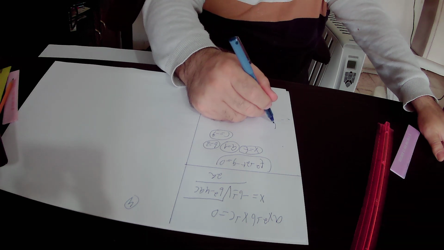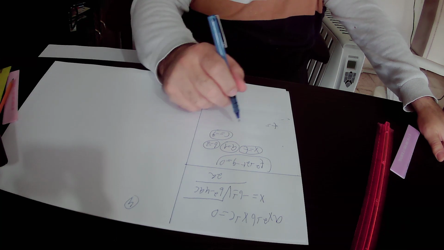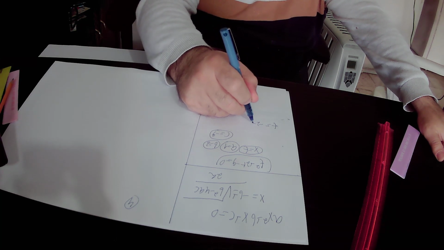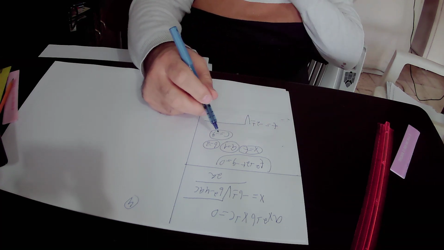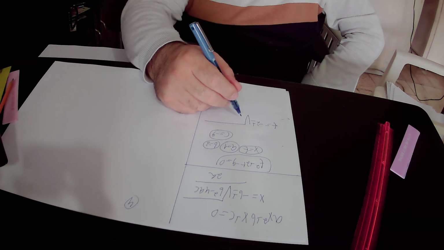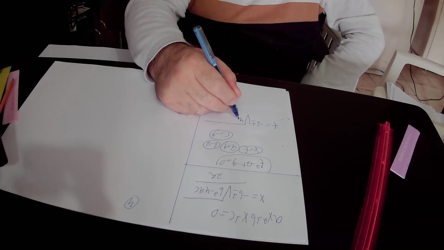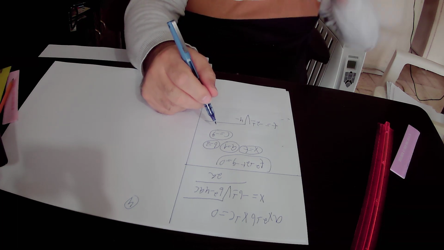So t equals minus b, b equals 2, so minus b is minus 2, plus minus square root of b squared. B is 2, so b squared is 2 squared, which is 4, minus 4 times a times c. A is 1, c is minus 9.